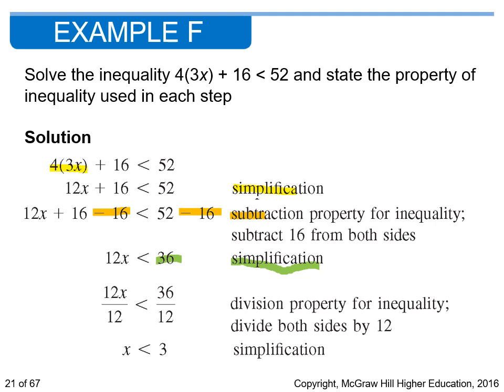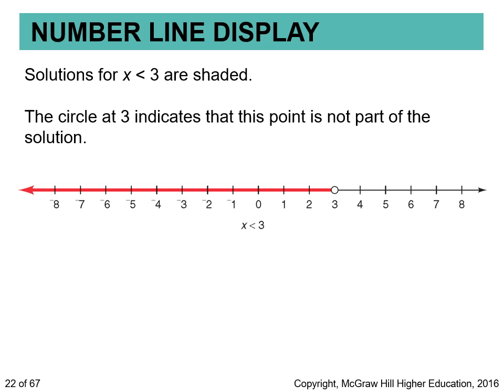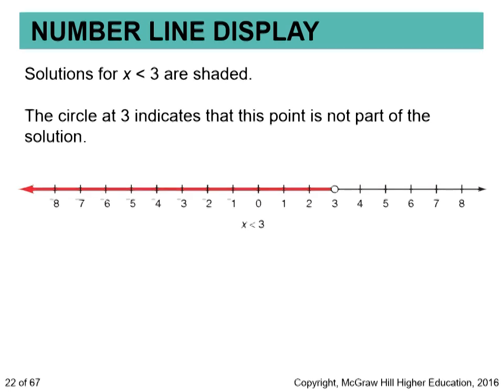Then I'm going to divide both sides by 12. So since I'm dividing, that is the division property. To get the answer of 3, I'm just simplifying. You can display that answer on a number line by shading, so all the solution is the shaded part. Remember, 3 is a circle here is open because 3 is not included.